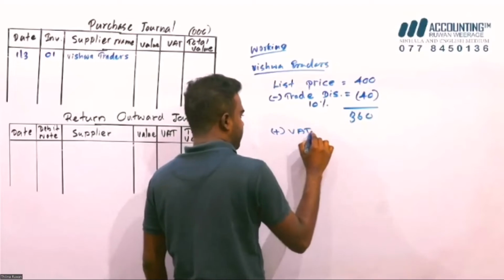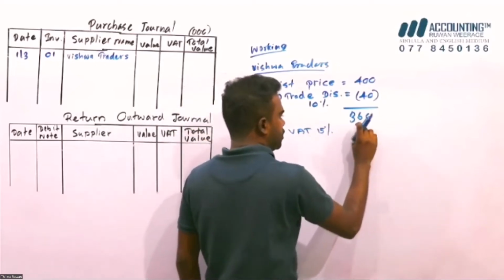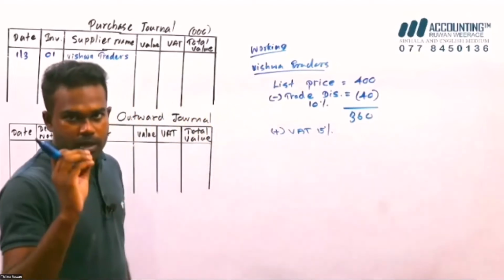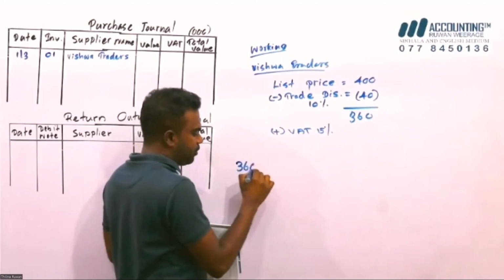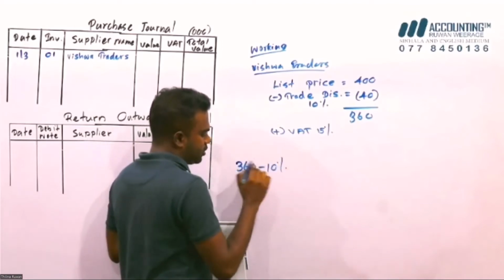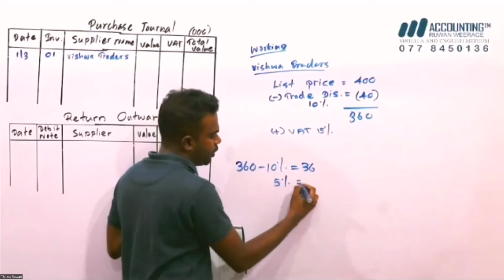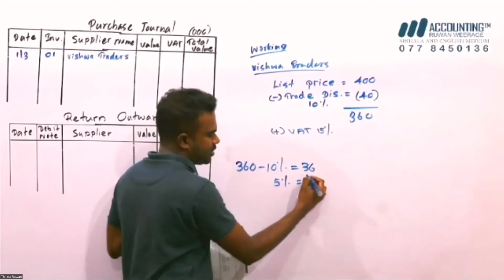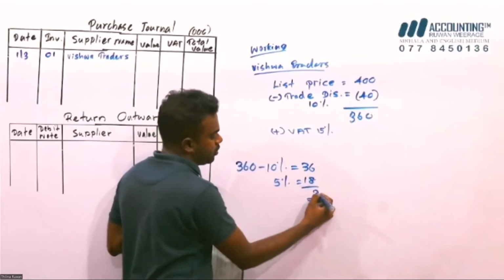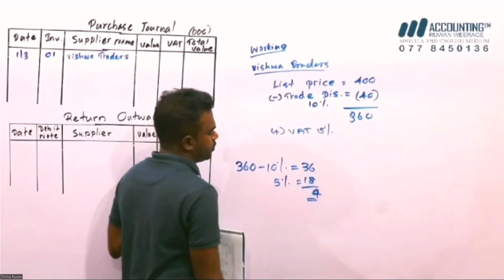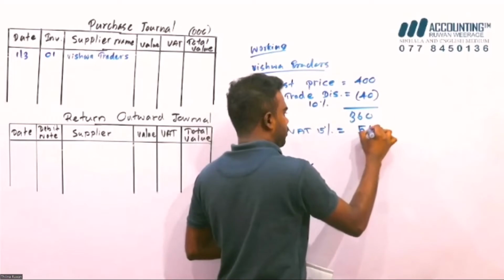360. Then calculate the VAT at 15% from this 360. So no need to use a calculator. Let's think how much is 10% from 360. 36, no? Then half of that amount, 5%, half of 36 is 18, right? Then get the totals: 54.